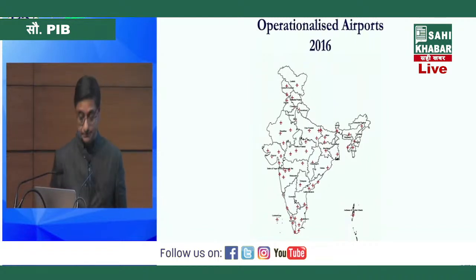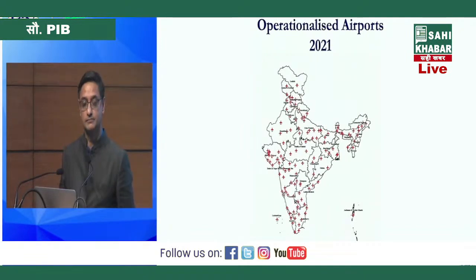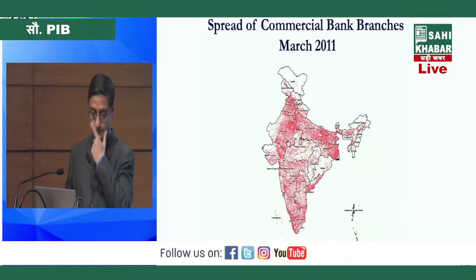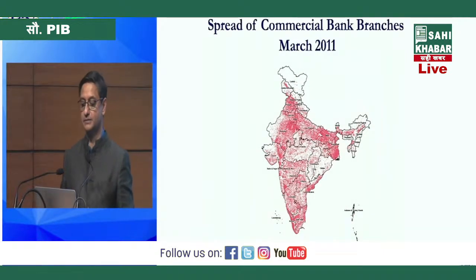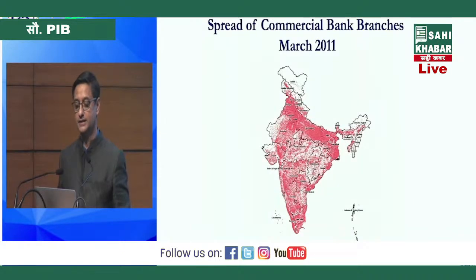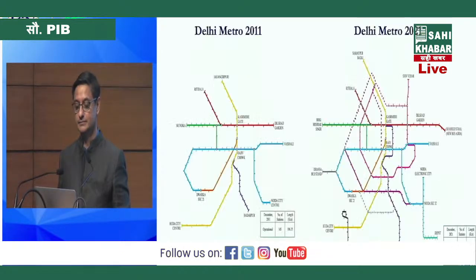This is before the Udan scheme. This is what it looks like now. Let me go back once more. And this is what it looks like now. So you can see dramatic increases on all kinds of infrastructure. Let's look at the spread of commercial bank branches. This is March 2011. This is what it looks like.